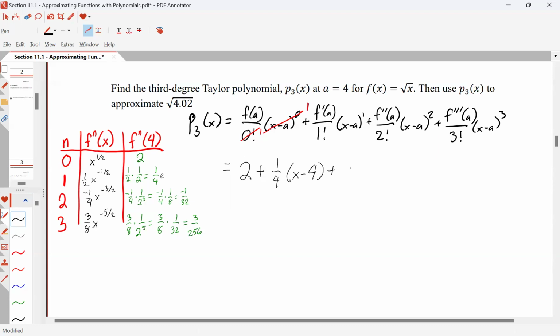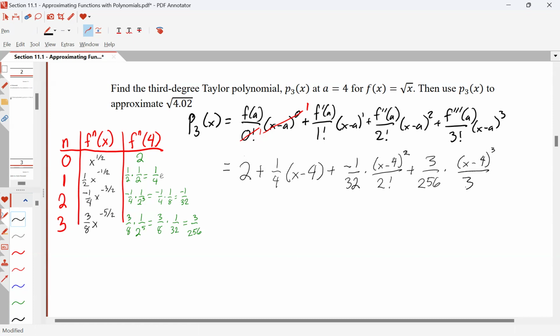Plus our second derivative, which is negative 1/32, times x minus 4 squared over 2 factorial, plus our third derivative, 3/256, times x minus 4 cubed over 3 factorial.